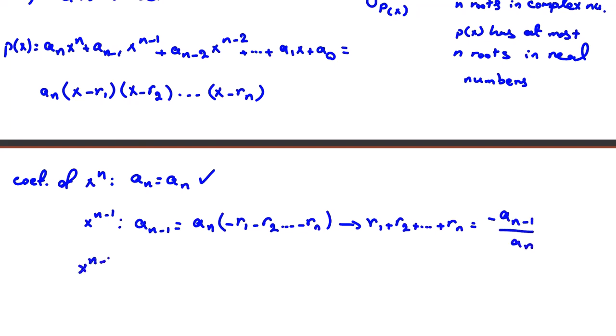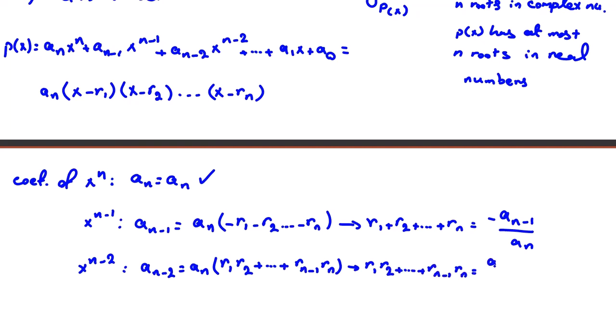Then if we consider the coefficient of x^(n-2), left side here will be a_(n-2). On the right-hand side, you should select two of them, for example, minus r1 and minus r2, then from the rest you should select x. So it will be a_n times (r1 r2 plus up to r(n-1) rn), because minus r1 times minus r2 is r1 r2. Now we can conclude r1 r2 plus up to r(n-1) rn equals a_(n-2) over a_n.